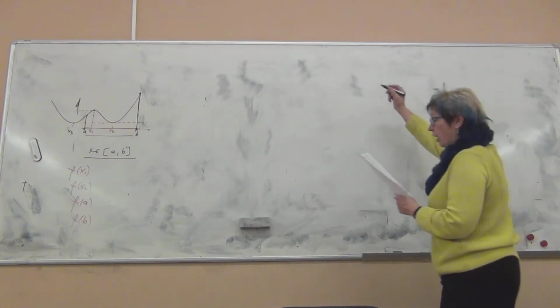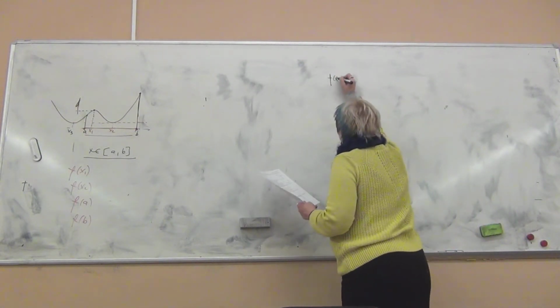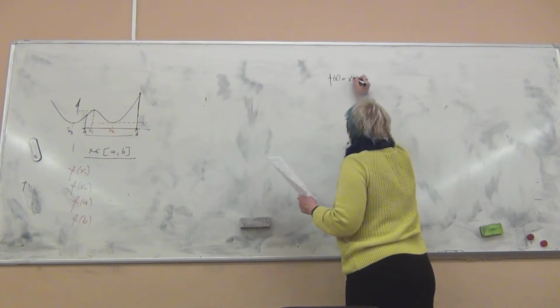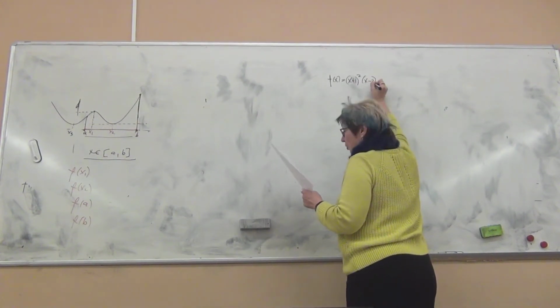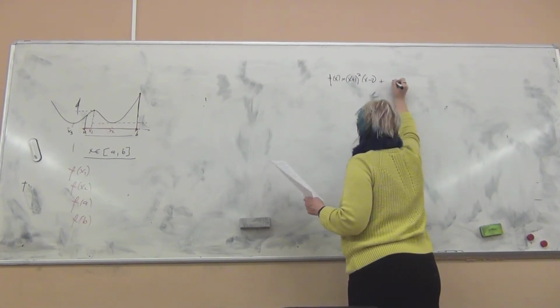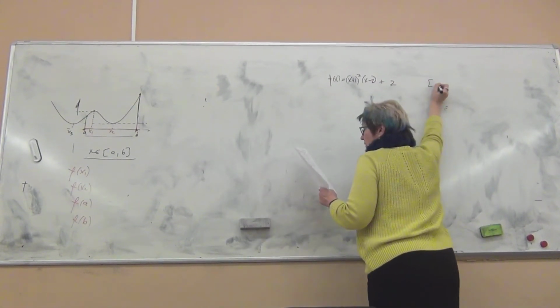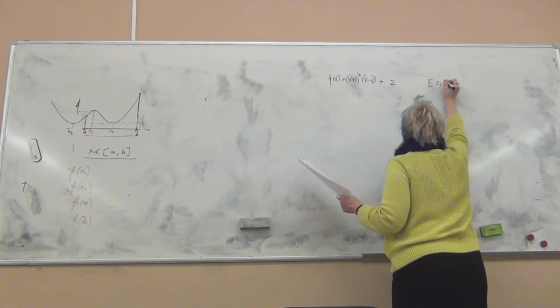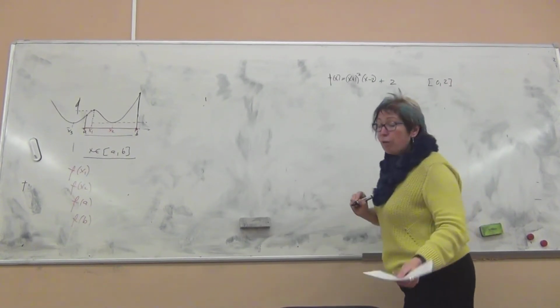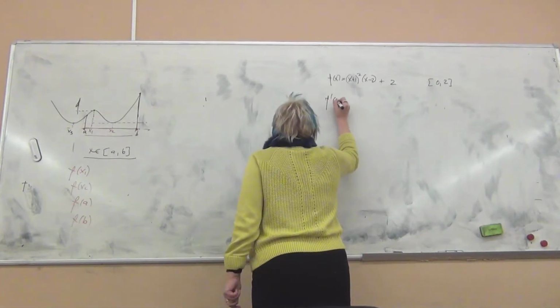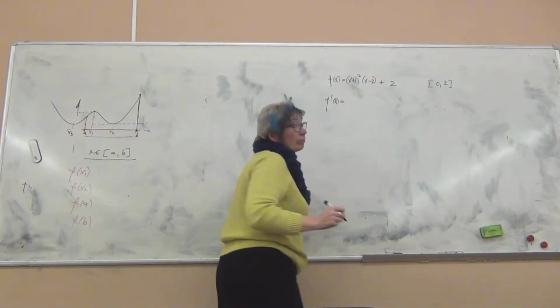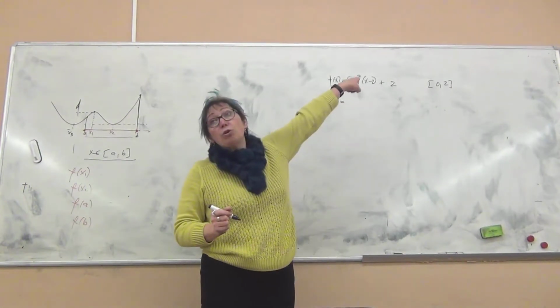So the fourth example, supposing the function we have is (x plus 1) squared times (x minus 2) plus 2 on the segment from 0 to 2. We find the derivative, which is product rule.